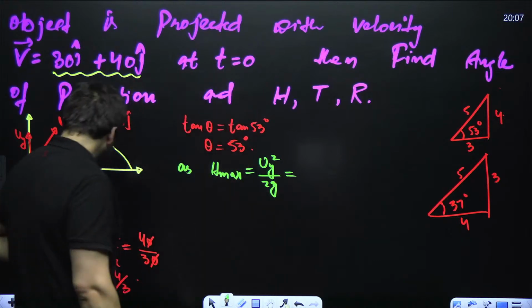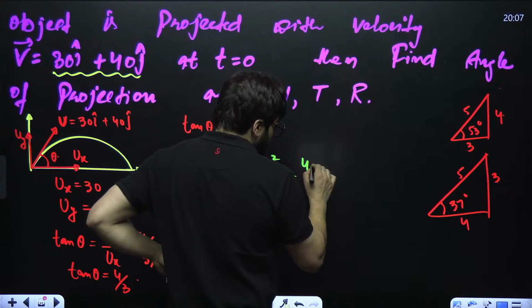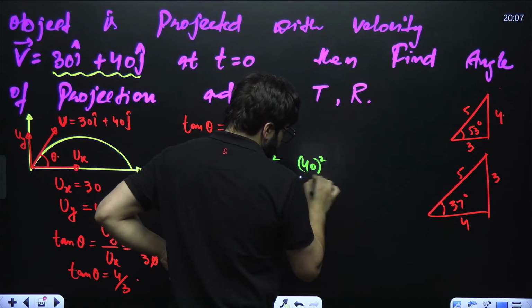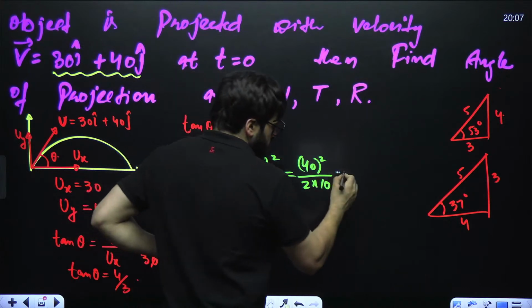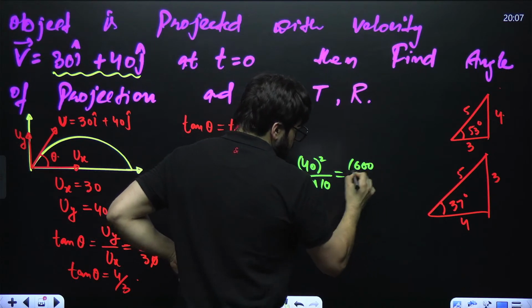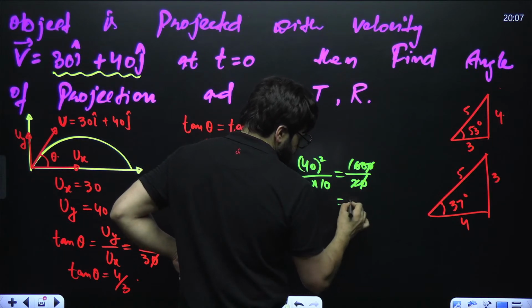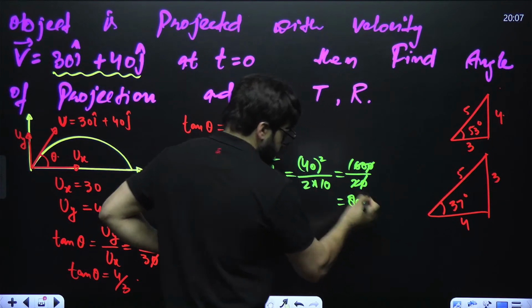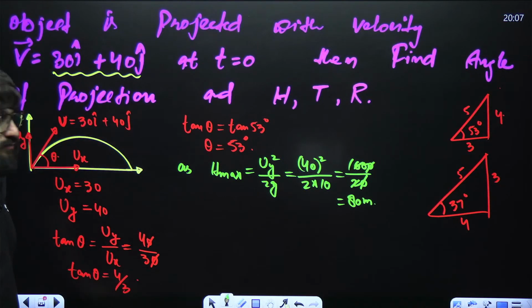What is the value of uy? That is 40. So it will be 40 square divided by 2 into 10, as g is 10. So 40 square is 1600 divided by 20. This and this will cancel, so it comes out to be 80 meters. So how high can it go? Maximum height is 80 meters.